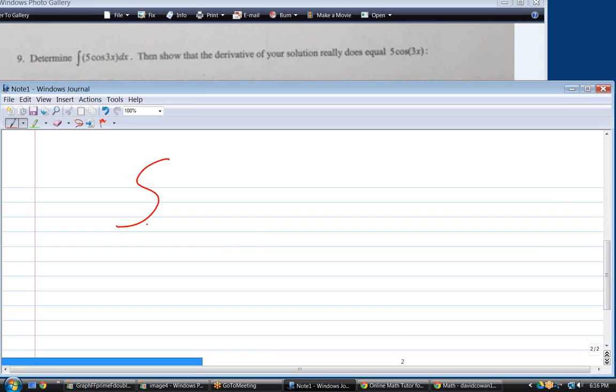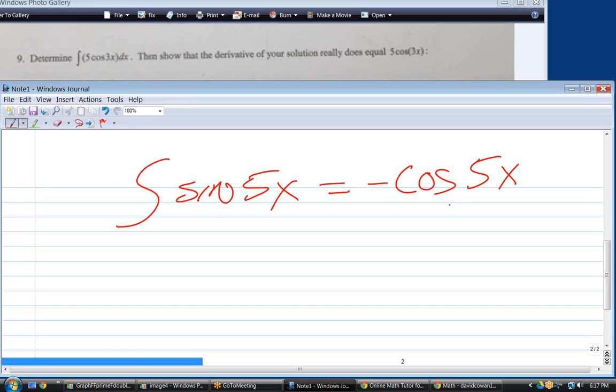Well, first of all, let's talk about taking the integral of sine of 5x. We're going to take the integral of sine of 5x, and then we're going to divide it by the derivative of the inside. So the integral of sine of 5x is minus cosine of 5x, and then we're going to divide by 5.